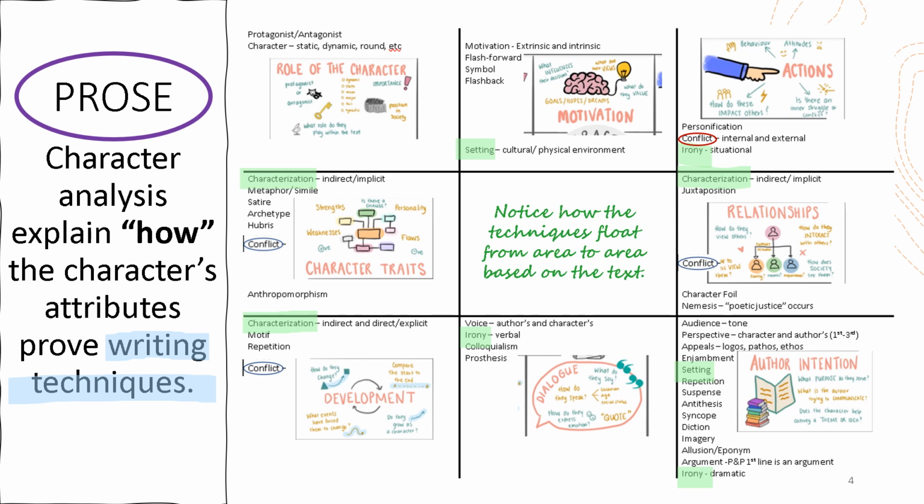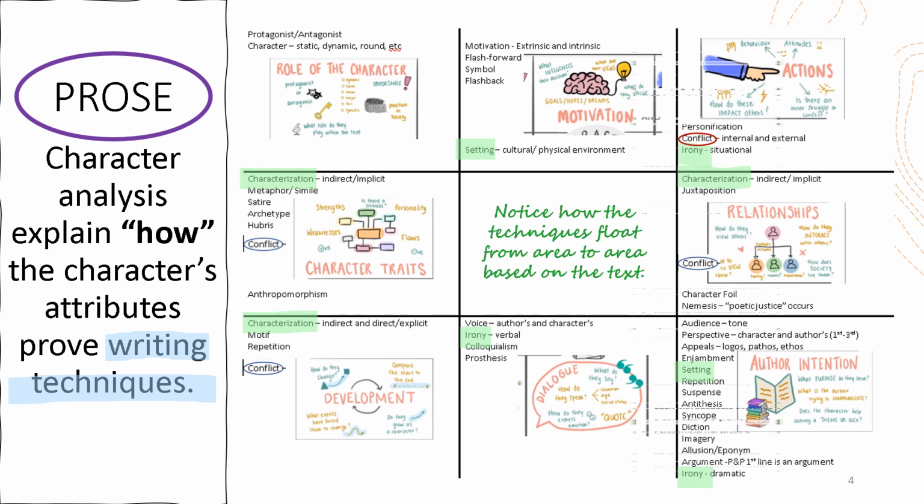Within one book, you can have various literary devices that may exist in most of the squares, but when you're writing your prose essay, you're just going to pick one particular device and find 3 pieces of textual evidence that prove the existence of that device in that particular novel. Or, for your essay, in that particular passage.